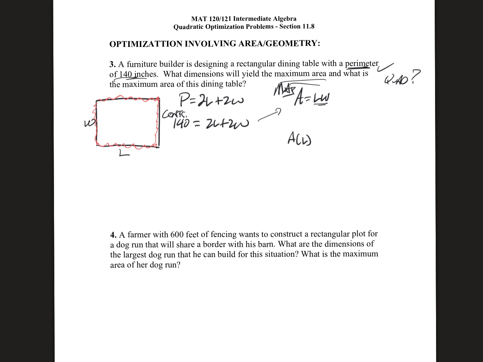So I'm going to come back over to my constraint equation and solve for W. I'll subtract 2L from both sides, and that gives us 2W equals 140 minus 2L. Divide everything by 2, and this gives us that W is 70 minus L. Now that I know what W is, I'll come up to my area formula and substitute it there.